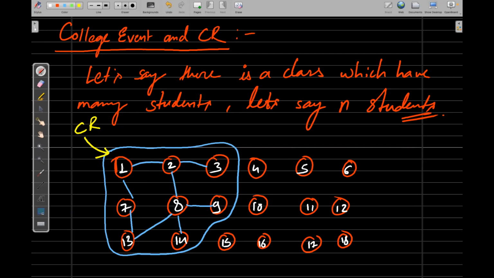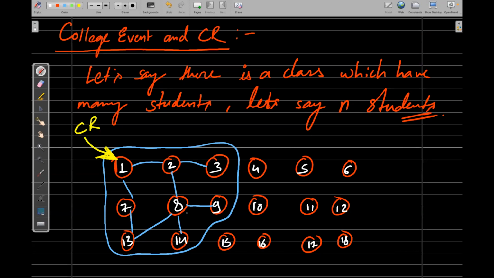Let's say the CR told the piece of information to the person numbered 1. 1 will tell 2, 1 will tell 7 also. 7 will pass on this information to 13, 13 will pass to 8, because 8 can get the information either from 2 or 13, both don't matter, because they are friends with each other.